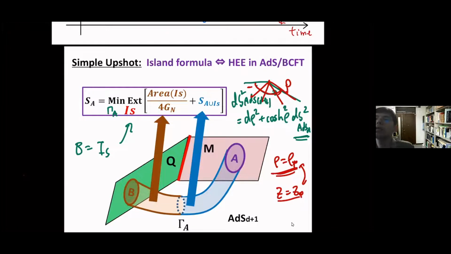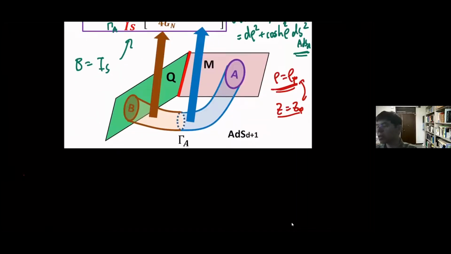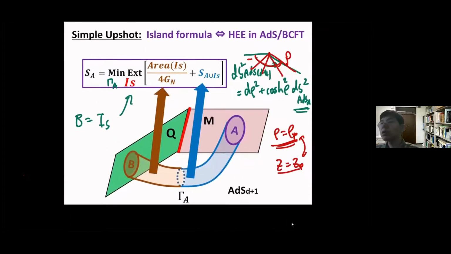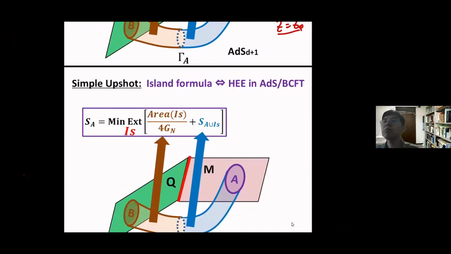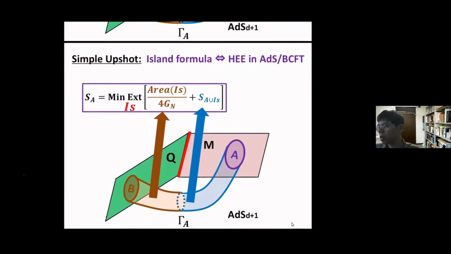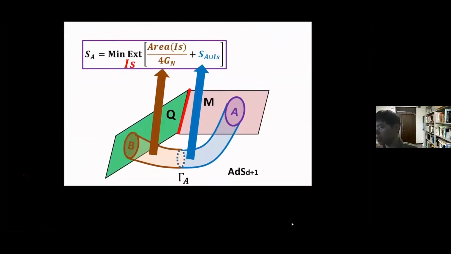Another question: can the BTZ metric be written like this using the rho coordinate? Sorry, I don't get the precise point of this question. Maybe more explanation.